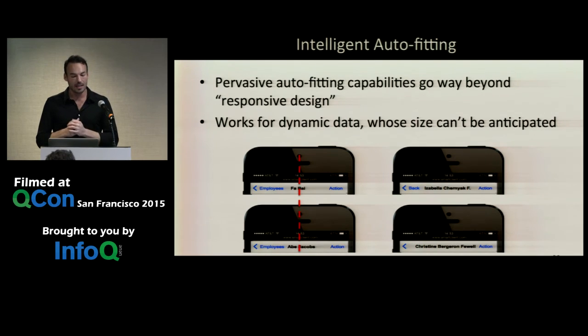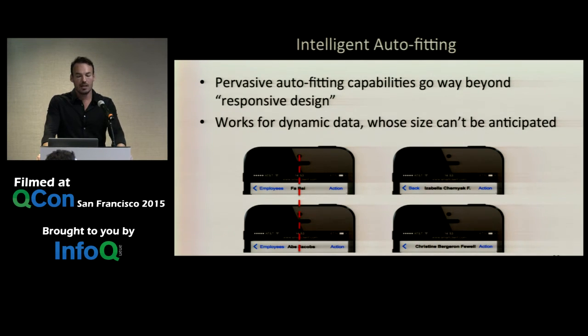An example of getting this just right is how we do auto-fitting to titles whenever we're showing a navigation bar. If you look at these 4 examples here, we are taking a scenario where you have drilled in to look at a particular employee's data. In the upper left, the employee has a fairly short name, and so the back navigation, which would take you back to the list of employees, actually says employees.